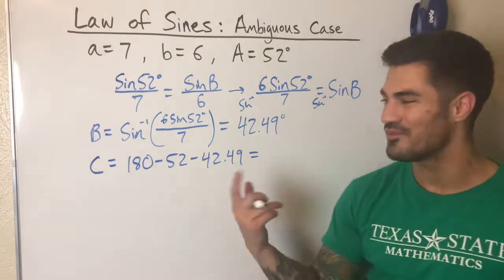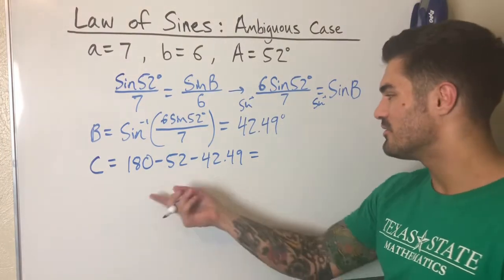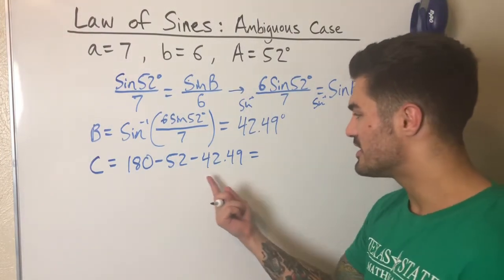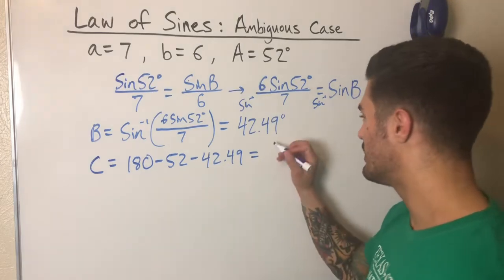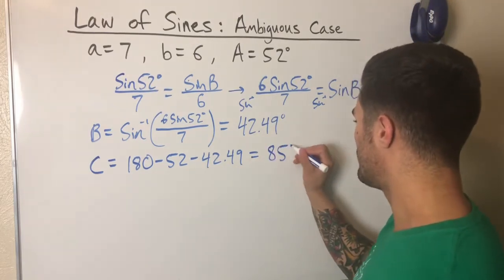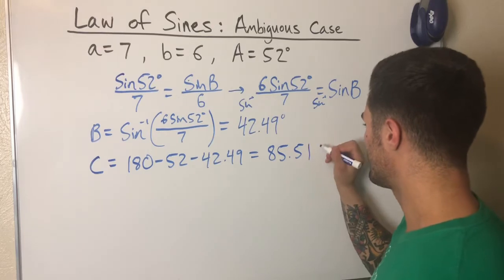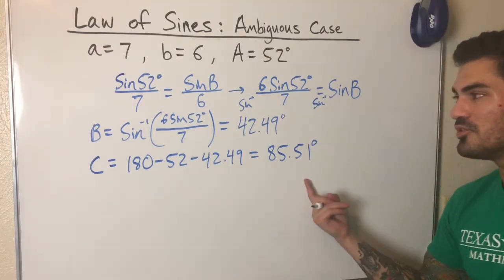If I have two angles, I can find the third by just subtracting them from 180. So this gives me what? That's 94.49. So what's left? 85.51 degrees. So this is angle C.